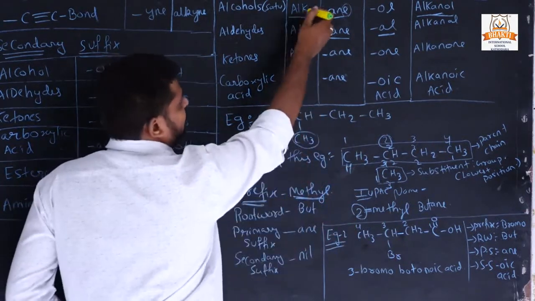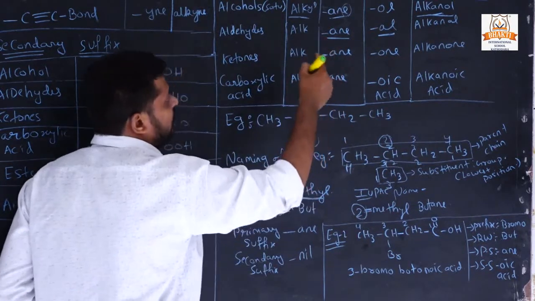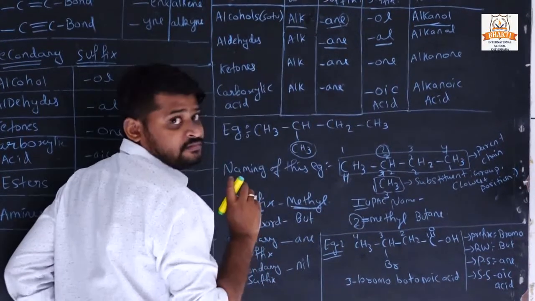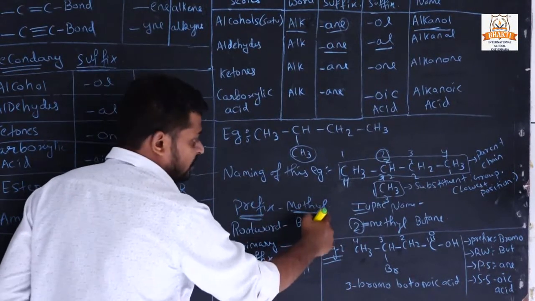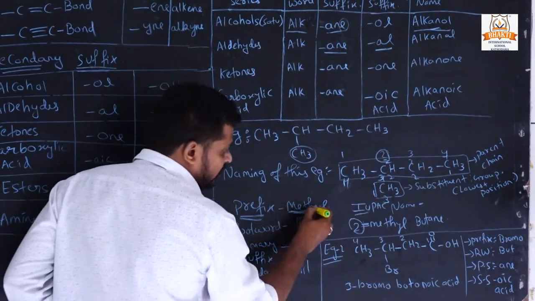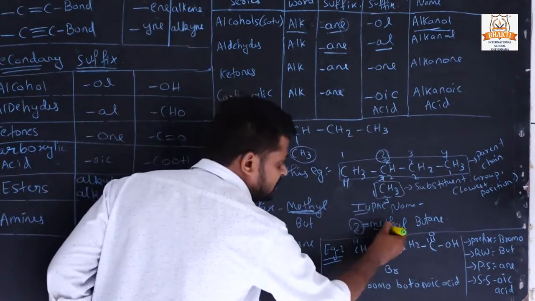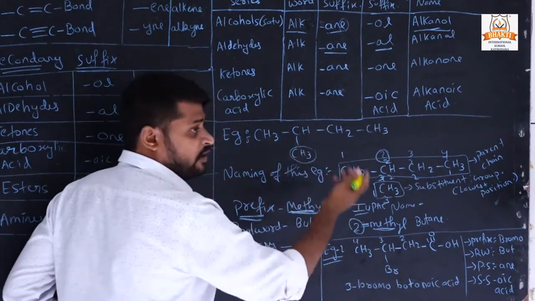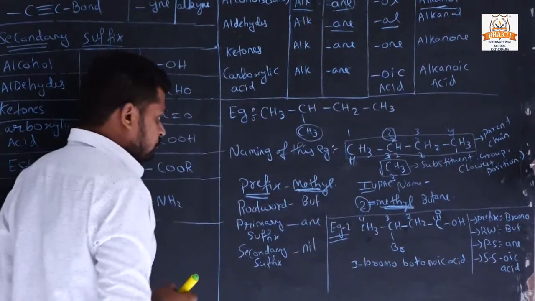When we give the name, we don't use YL, only ALK, meaning we only use the prefix. So from the methyl group we use only the prefix meth. So here it is meth, and the full name of CH3 is methyl.